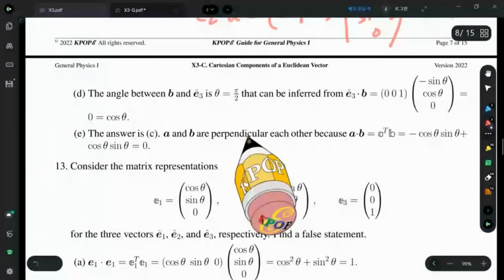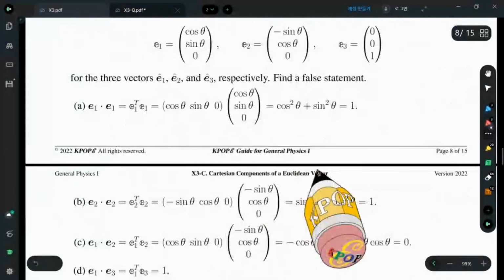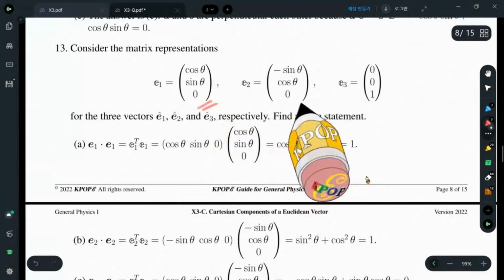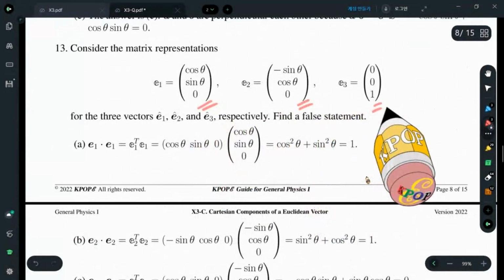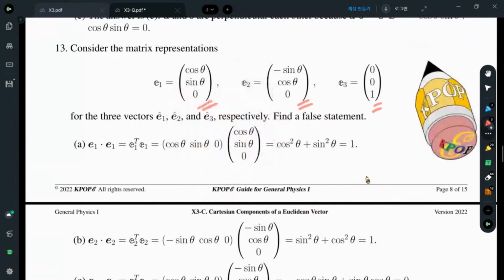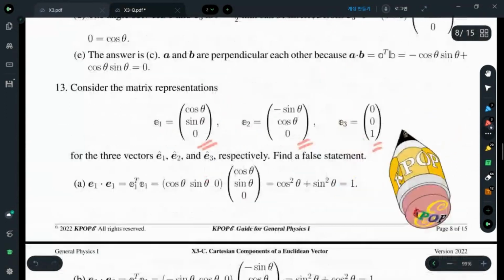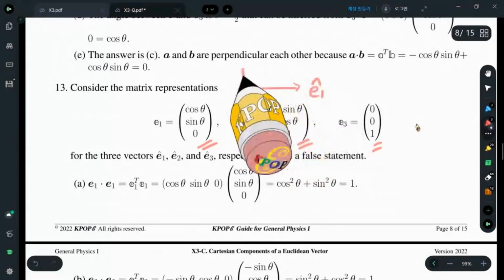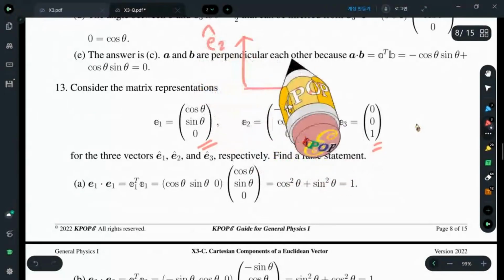So these are just a repetition of the same objects. We have 3 vectors, and later you will find that this is E1 and this is E2.